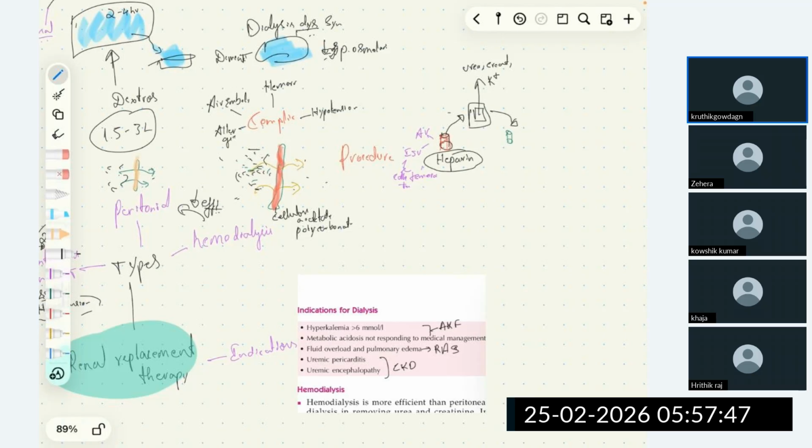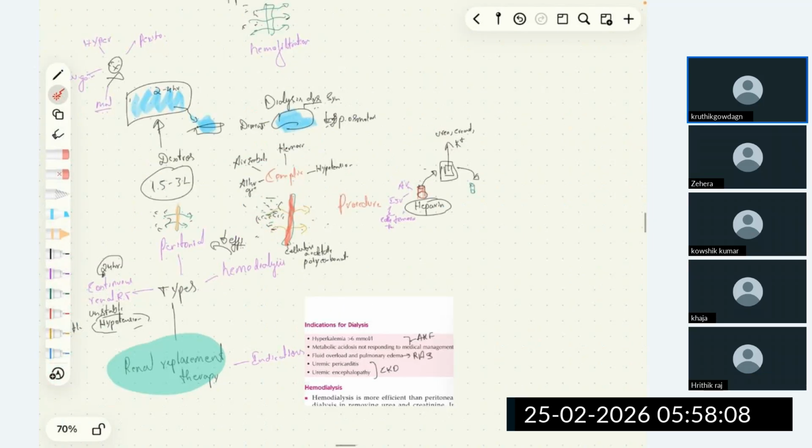We know the basics: solutes move from higher concentration to lower concentration. Due to this concentration gradient, solutes like urea, potassium, and hydrogen will move from the blood to the dialysate, the dialyzing fluid, thereby removing all the toxic substances from the blood, which is the function of the kidney. If the kidney is not functional, we are making the semi-permeable membrane do the function.